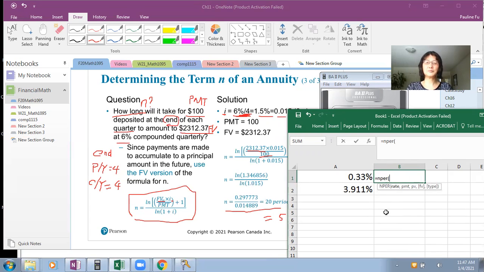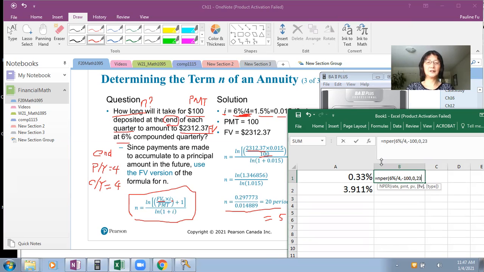NPER, number of payments. The first parameter, you need to enter 6%. Compounded quarterly, you have to divide by 4. When you use the formula in Excel, the interest rate is the periodic interest rate. PMT is negative 100. PV 0.